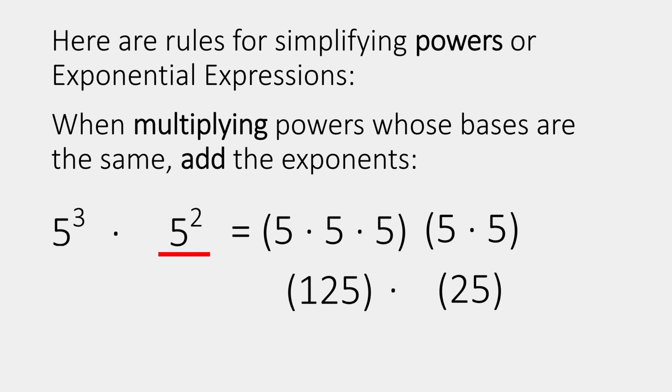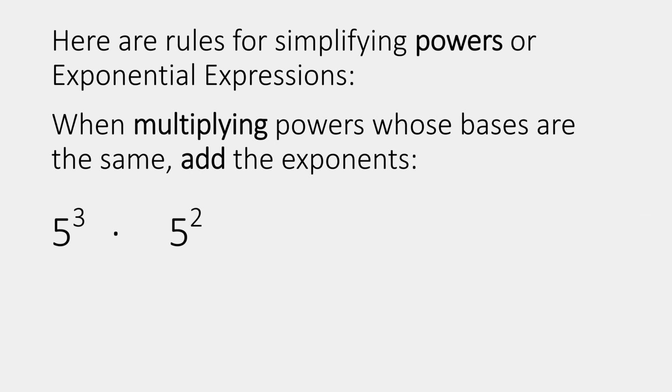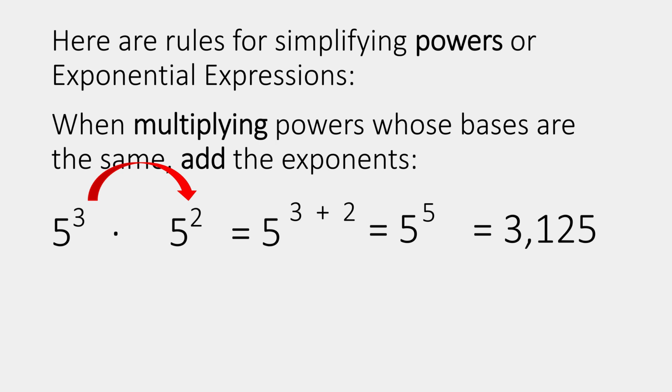If we multiply these numbers together, we get 3,125. We can do it that way, or we add the exponents. 3 plus 2 equals 5 to the 5th power, which is 3,125. This works if the bases are the same, and 5 is the base.